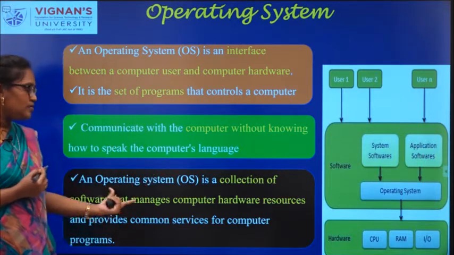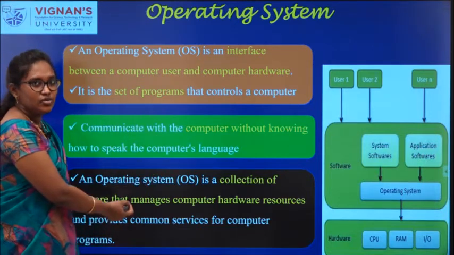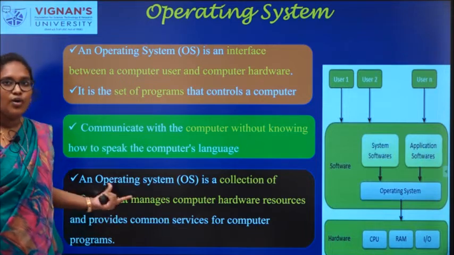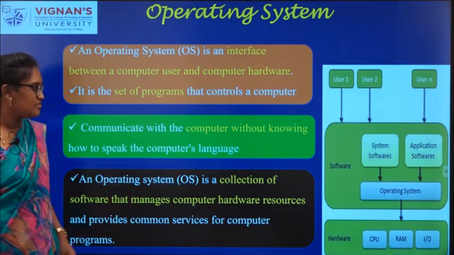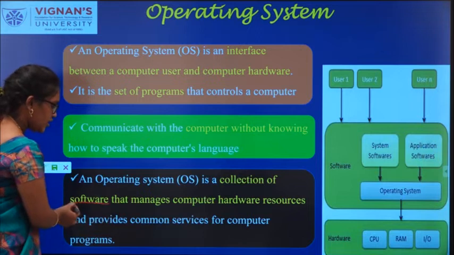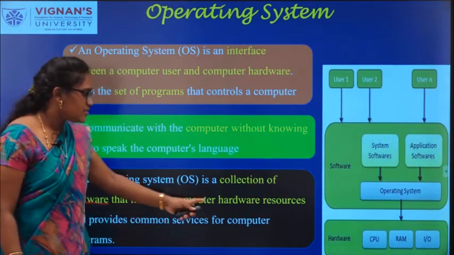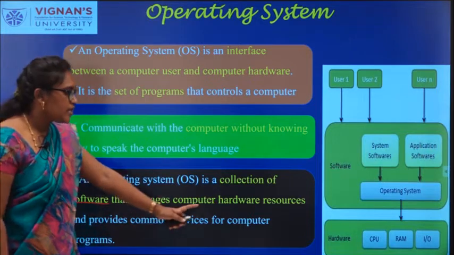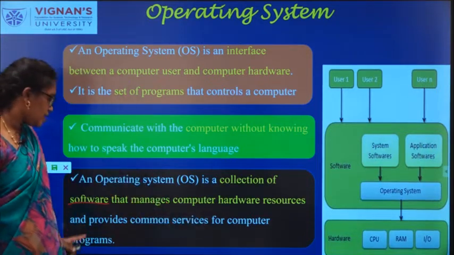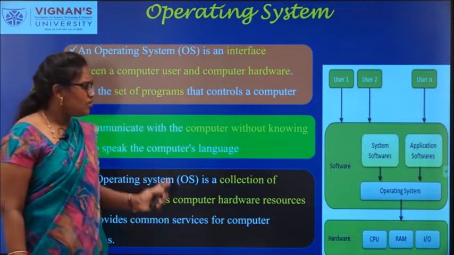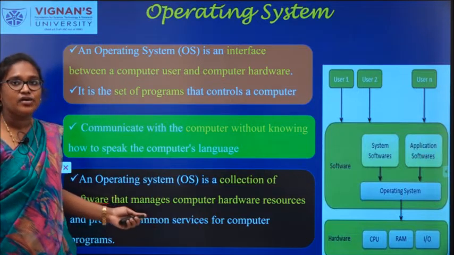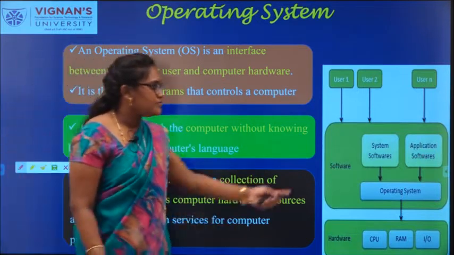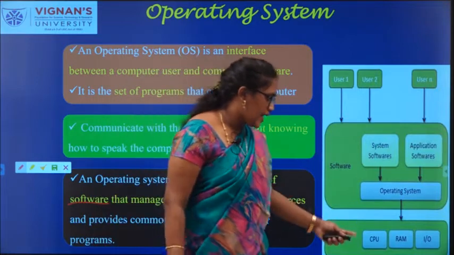Next, in a very technical way, an operating system is a collection of software that manages computer hardware resources and provides communication services for computer programs. For better understanding of this definition, observe the diagram.